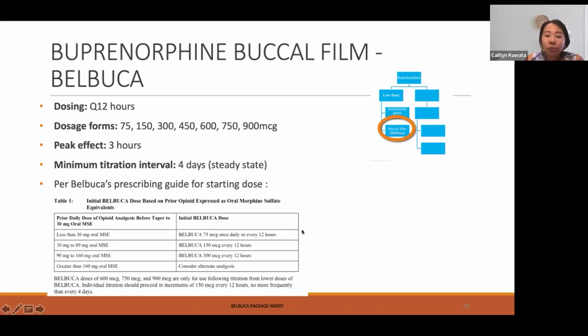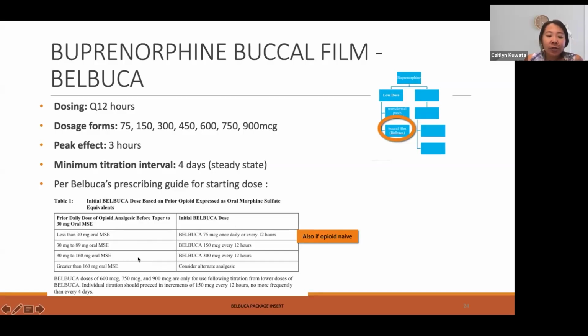In terms of actually choosing your starting dose, if someone is opioid naive, or if they're using less than 30 milligrams of oral morphine equivalents, then you would start at 75, either once daily or every 12 hours. If they're in that 30 to 89 range of oral morphine equivalents, you can use 150 as your starting dose every 12 hours.